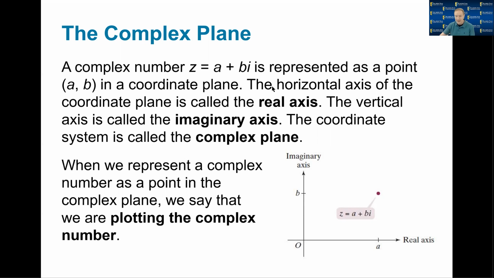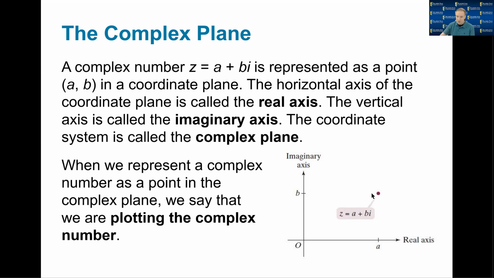Now, in order to graph that, we would simply say, whatever value A is, we would go to on the real axis. And here in this picture, I'm assuming that A is obviously a positive value. I'm also assuming that B is positive because now you can see I've turned the y-axis into the imaginary axis, and I would say whatever number A is on the real axis, and then whatever number B is on the imaginary axis, I plot that just like I plot any ordered pair, and I could say this is my complex point, Z is equal to A plus BI in the complex plane.